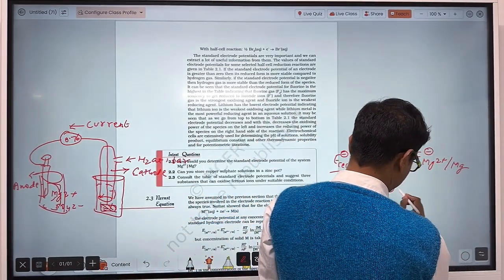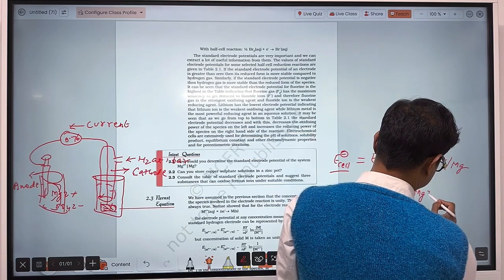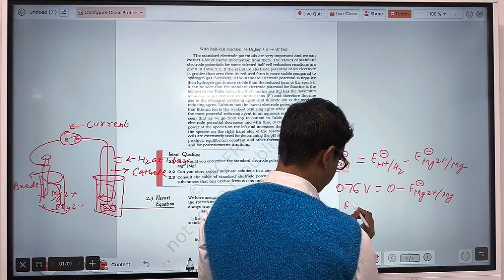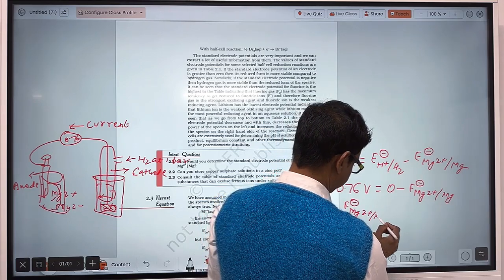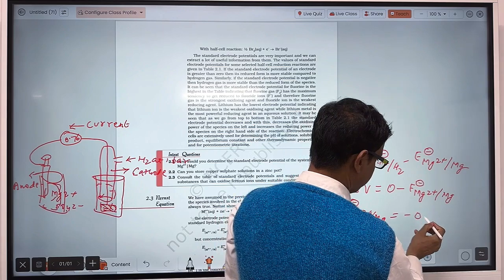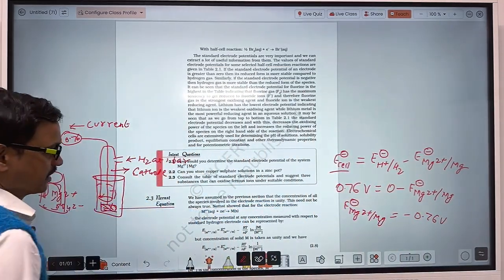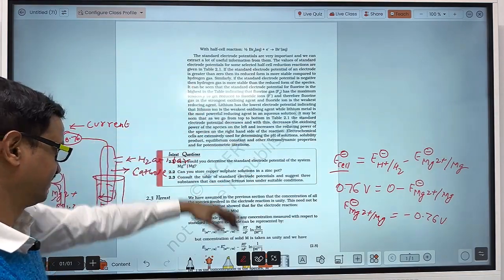So 0.76 volt equals 0 minus the standard electrode potential of magnesium. So the standard electrode potential of magnesium will be minus 0.76 volt. By this method you can calculate the standard electrode potential of magnesium.